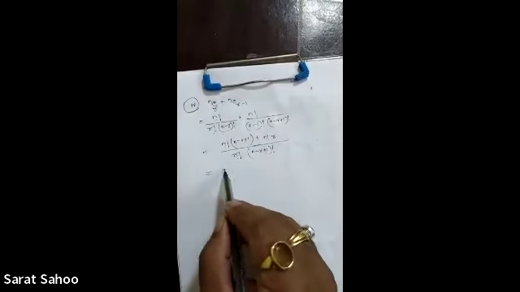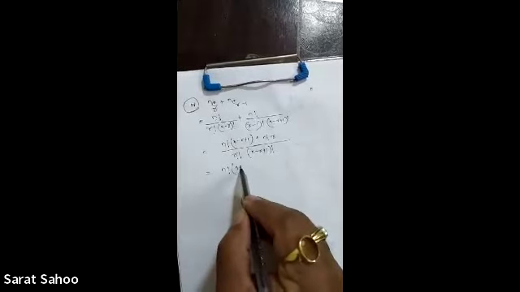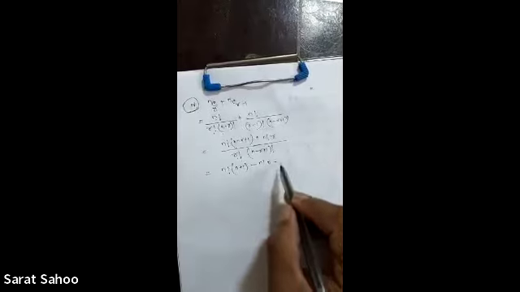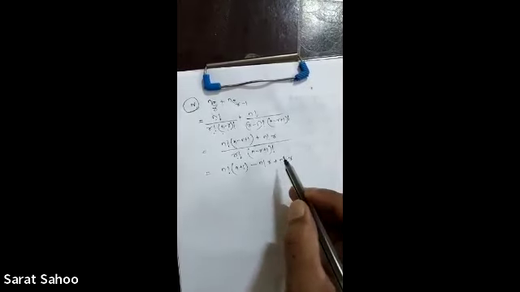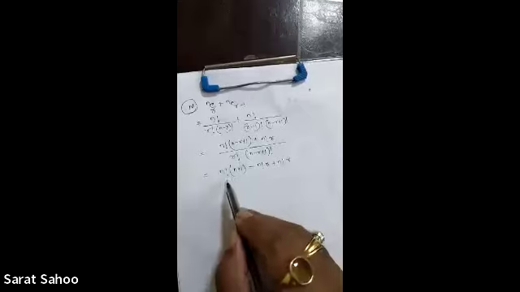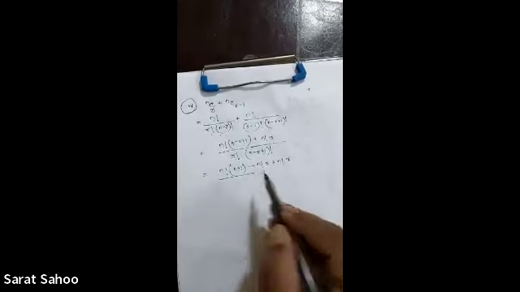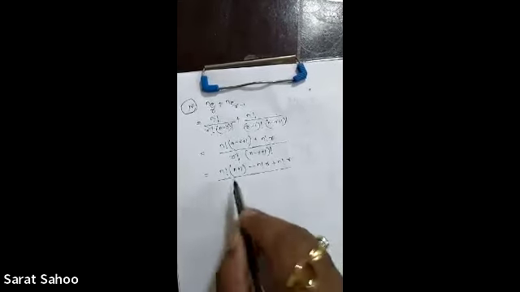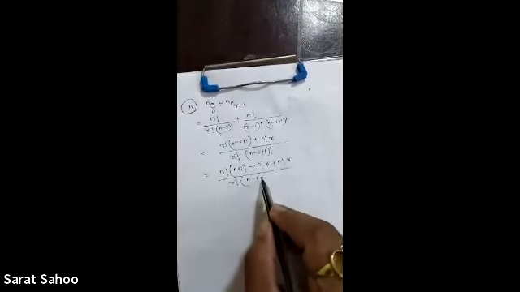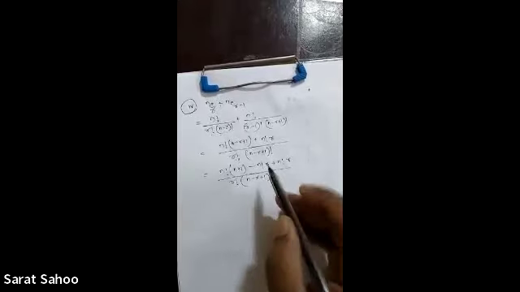This is equal to n factorial into (n plus 1) minus n factorial into r plus n factorial into r, divided by r factorial into (n minus r plus 1) factorial.